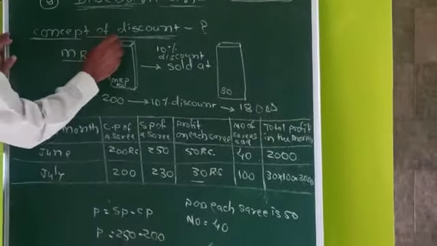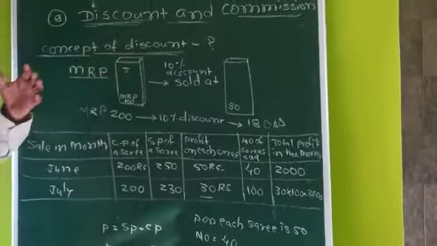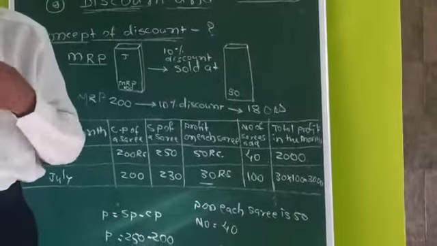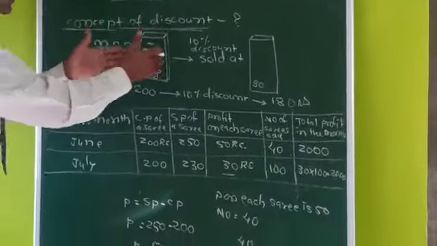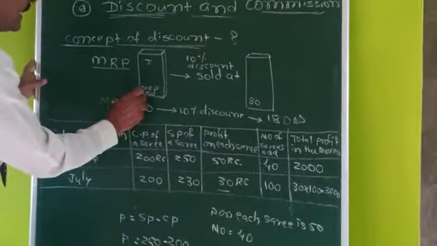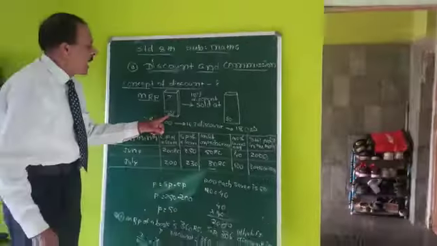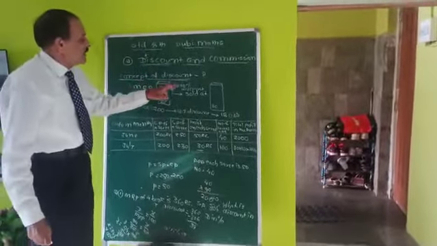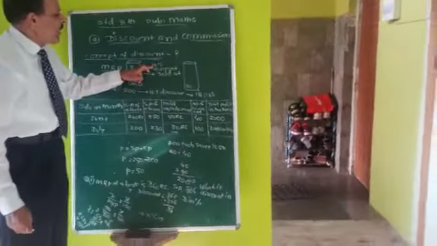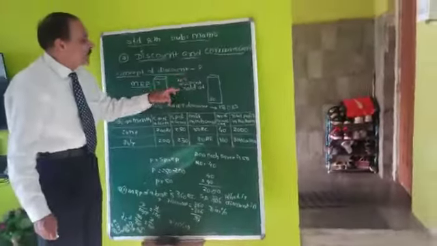Suppose the MRP of juice. You like to drink juice, no? It's a mango juice, pineapple juice. So there is one bottle, and if the MRP written on it is 100 rupees, meaning the marked price is 100 rupees, and the shopkeeper offered a discount of 10%.